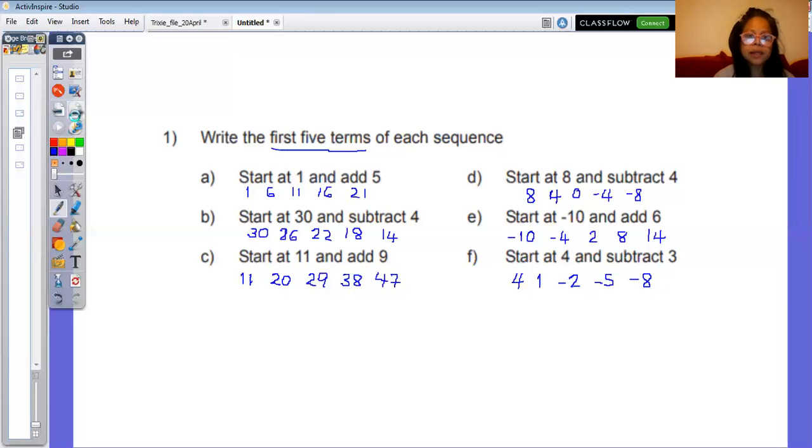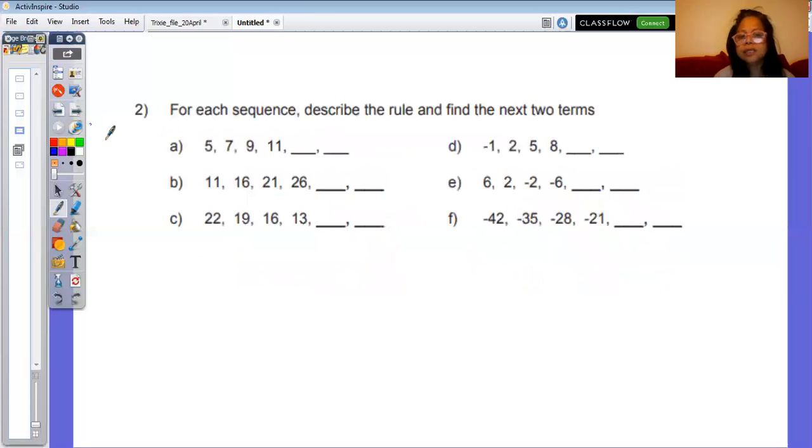Let's have the next one now. So this time you have a sequence and you need to describe the rule. The first thing you need to do if you see a sequence is look at the first and second term. So think about what happened. It went up from 5 to 7. Up means plus 2. And let's see if the same thing is happening in the next one.